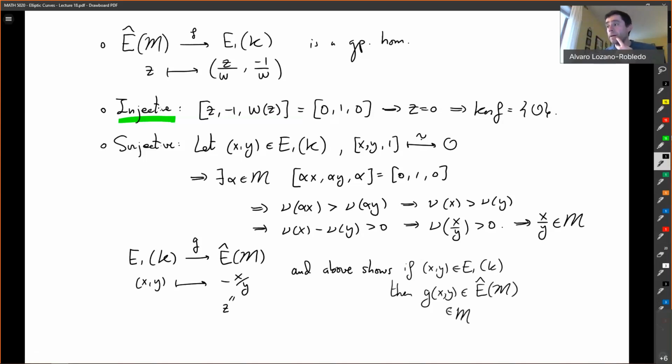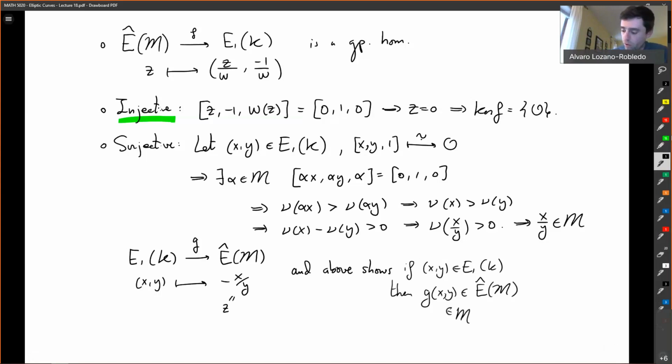Okay, so with that, z will map to E1 of K. Okay, so this is also a homomorphism, and it is also injective.